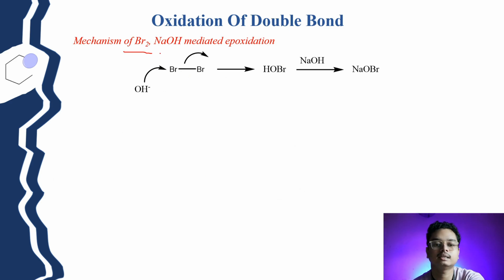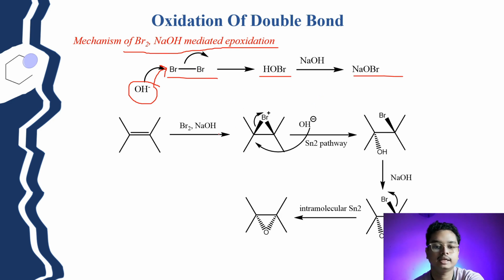First, the mechanism of Br2 NaOH mediated epoxidation. Initially the bromine is broken by the base and generates HOBr or NaOBr. This Br plus will be captured by the electron-rich olefin, and it will generate a three-membered intermediate.